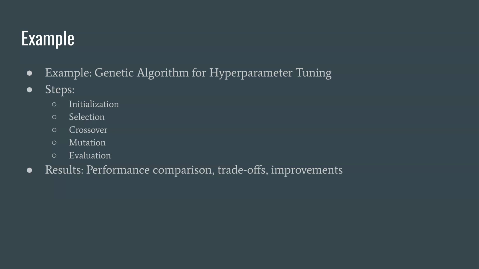Then the steps would involve initialization, where we generate an initial population of solutions, selection, where you choose the best solutions based on fitness, crossover, where we combine pairs of solutions to create offspring, mutation, where we introduce random changes to maintain diversity, and evaluation, where we assess the fitness of the new solutions.